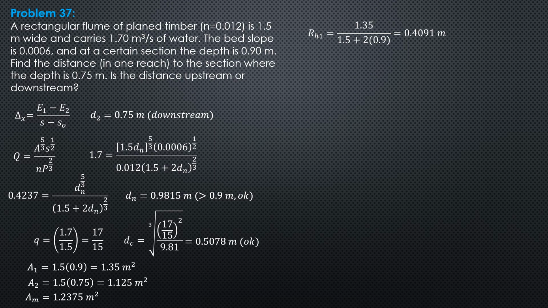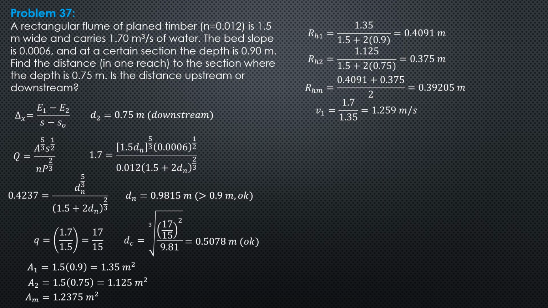Hydraulic radius at section 2 is area 2, 1.125, over quantity 1.5 plus 2 times 0.75, since the depth at section 2 is 0.75. So it is 0.375 meters. So the average hydraulic radius is 0.4091 plus 0.375 divided by 2, which is 0.39205 meters.